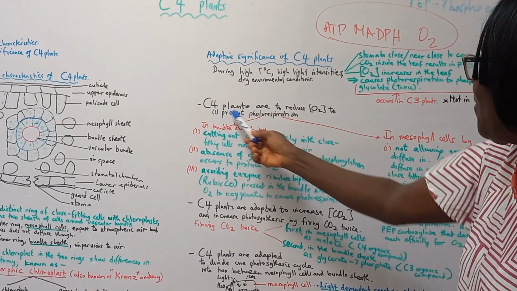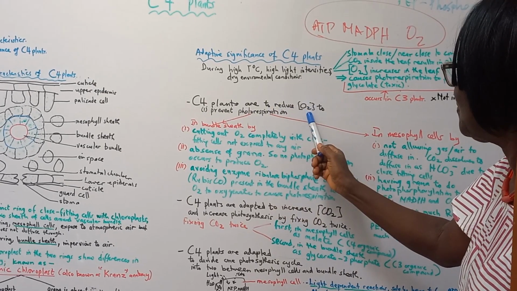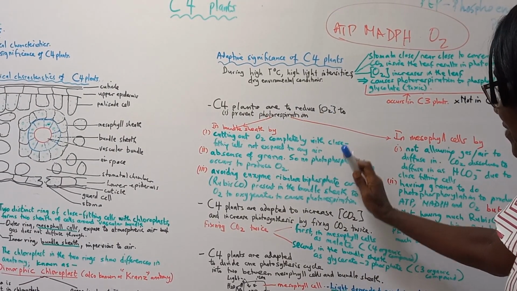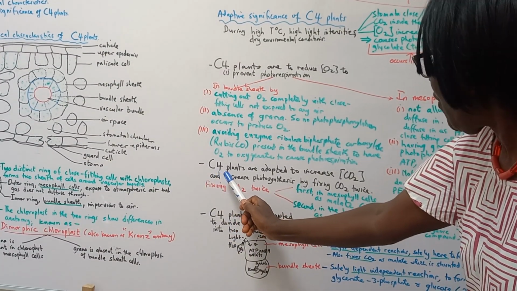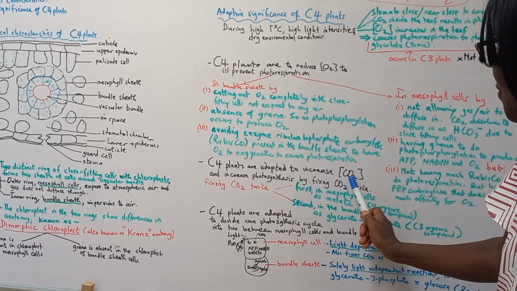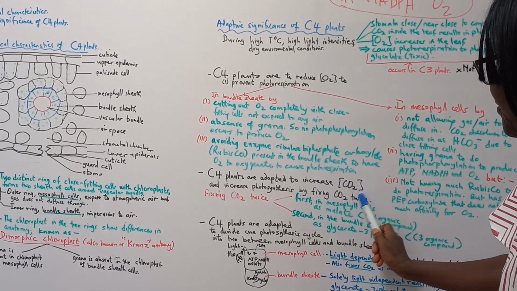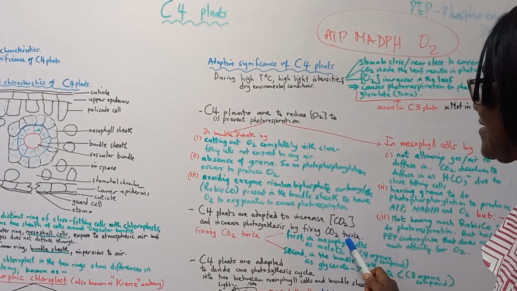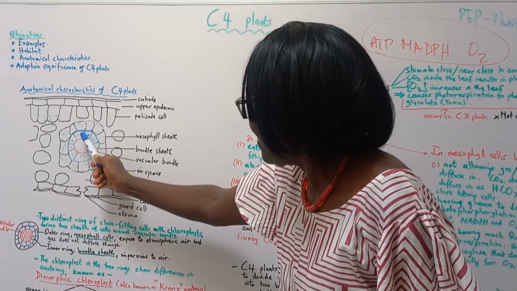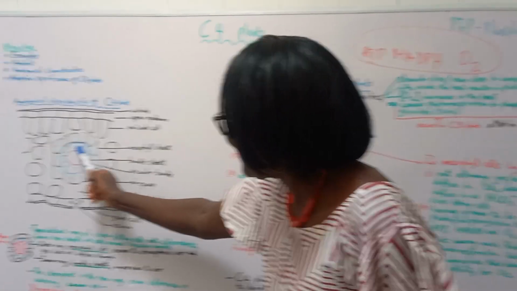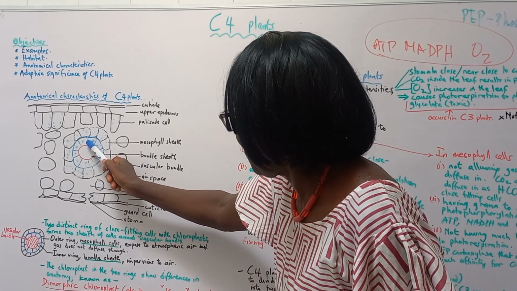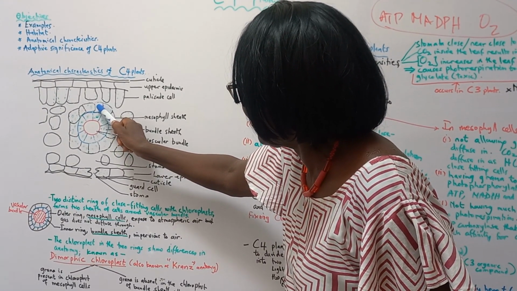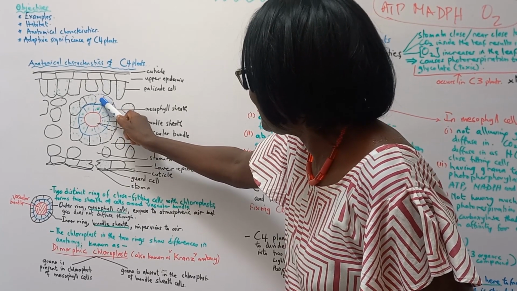So the C4 plants have adaptation to reduce oxygen concentration and prevent photorespiration. We've explained. The C4 plants also are adapted to increase carbon dioxide concentration and increase photosynthesis by fixing carbon dioxide twice. So carbon dioxide concentration is high in the bundle sheath because carbon dioxide is first of all fixed here into a compound called malate, a C4 compound.